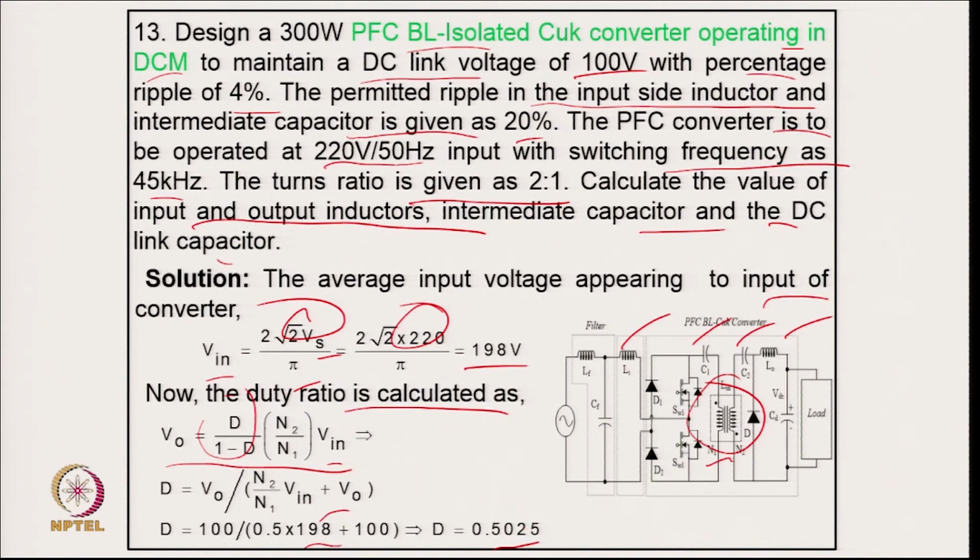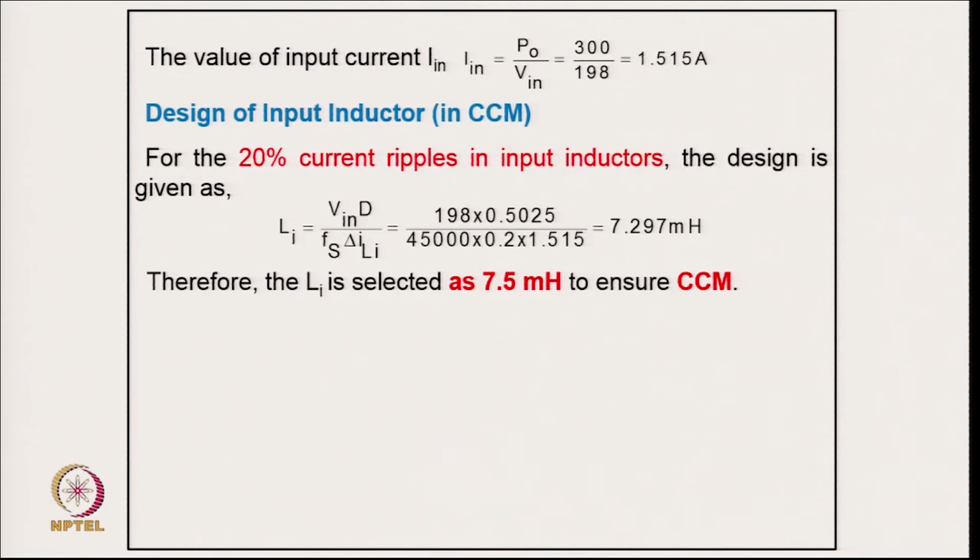So, it is operating very close to 0.5 duty cycle, and the transformer is responsible for transferring the input voltage to the output voltage with isolation. The average input current, from power and average input voltage, comes to 1.515 ampere.